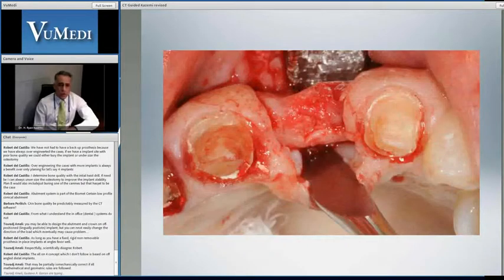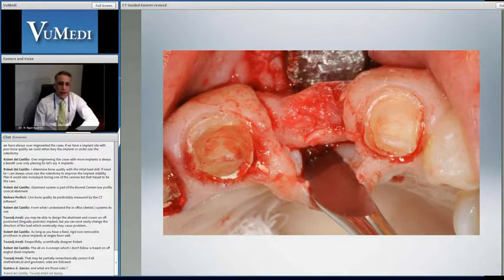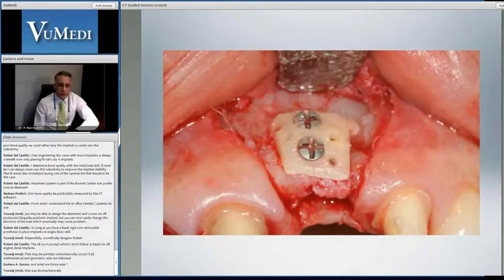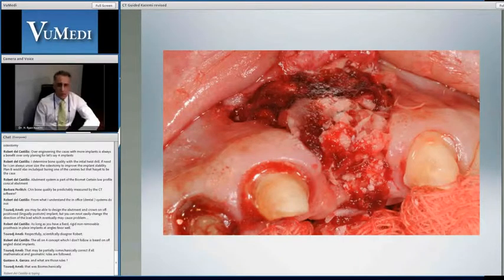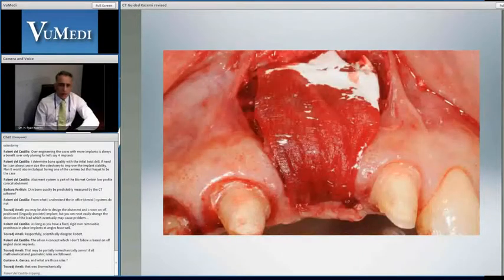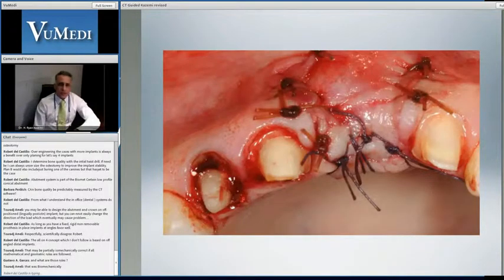So here we're going to do an onlay graft to provide us with a better buccal projection, and a ramus bone used to do a horizontal augmentation, additional particulate bone graft placed around the onlay graft, covered with a resorbable membrane, and ultimately closed.